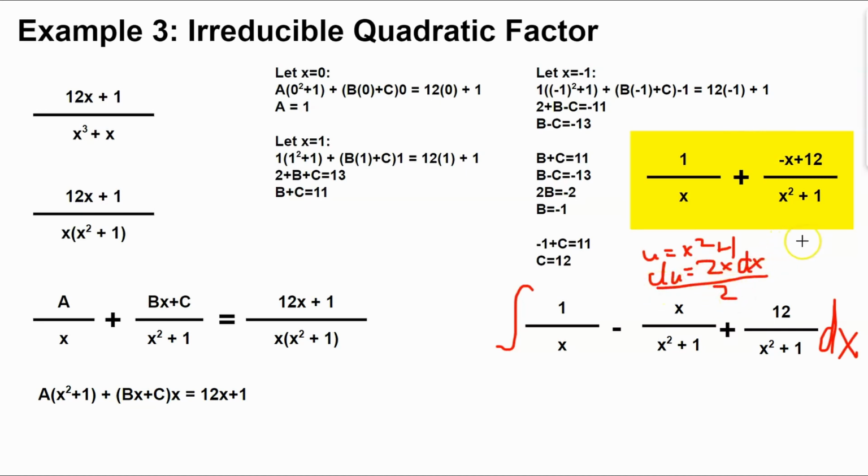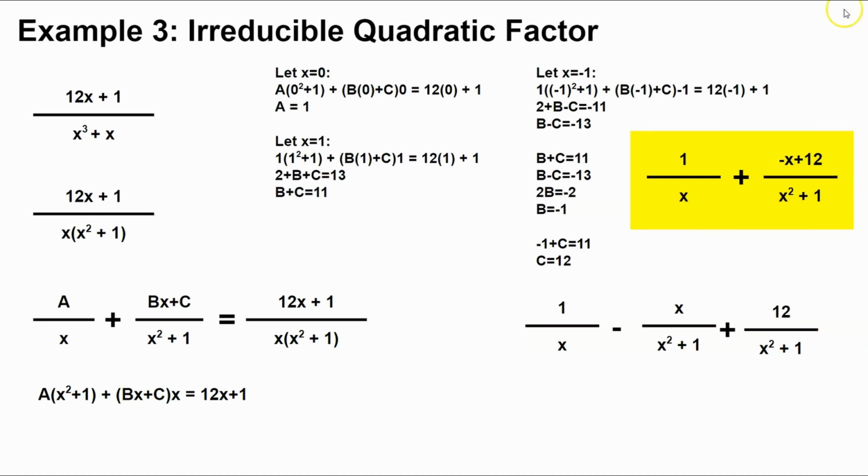So we're left with negative 1/2 u^-1. So if we do that, we get that our whole antiderivative is ln of x minus half of ln of x squared plus 1 plus 12 times tan inverse of x plus c.